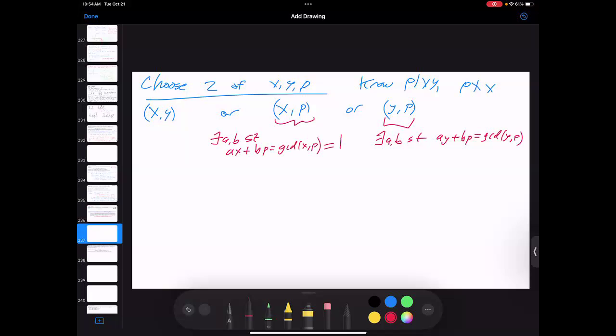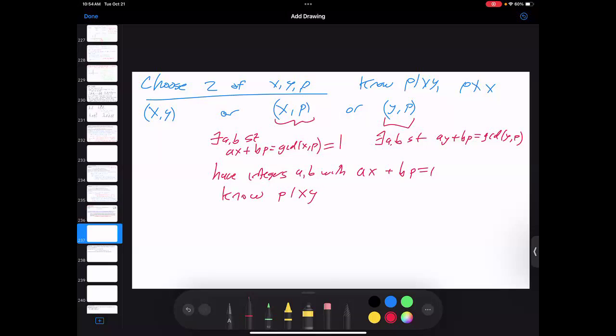So let's continue there. We have integers A and B with AX plus BP equals 1. We know P divides XY.